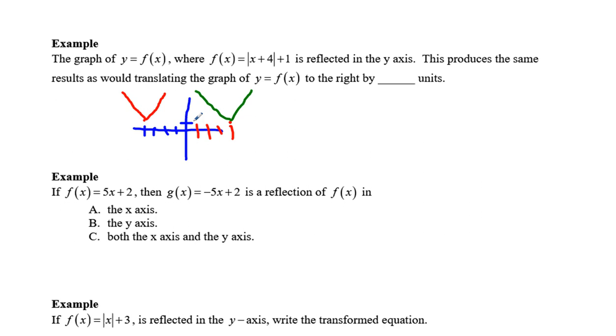I have reflected red in the y-axis, and it would produce green. Fine. This produces the same result as translating the original function to the right by. Well, do you agree that yes, red got flipped over to make green?